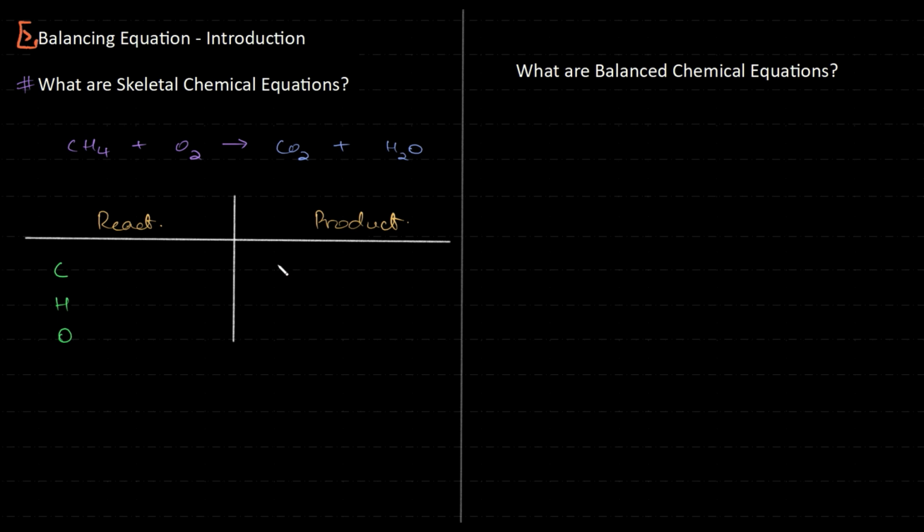And in products too, carbon, hydrogen, oxygen. Sometimes I might talk about reactants as LHS, and this is your RHS. LHS stands for left hand side. So this is your LHS and this is your RHS. Now on the LHS we have carbon, hydrogen, oxygen. On the RHS also carbon, hydrogen, oxygen.